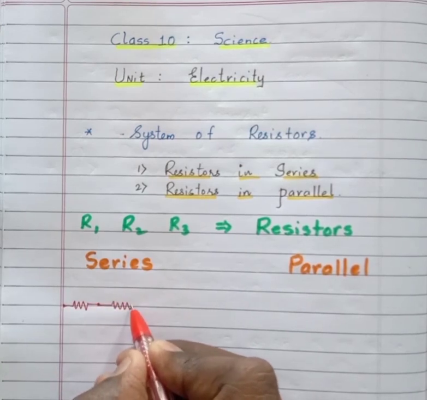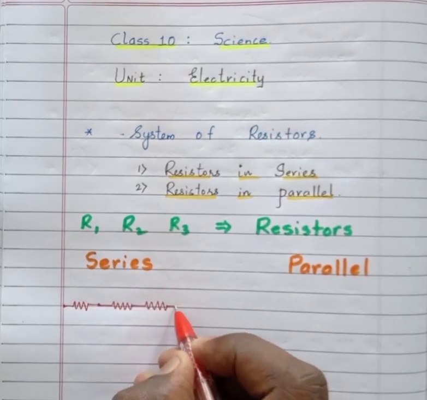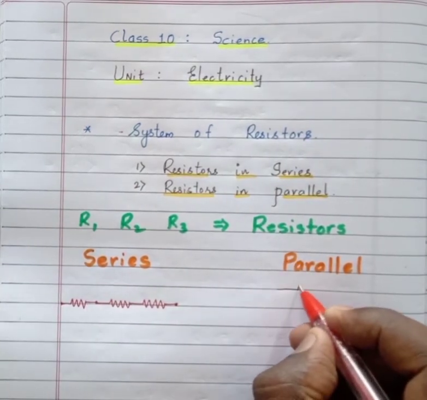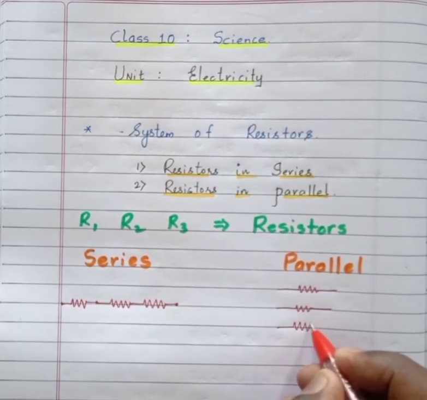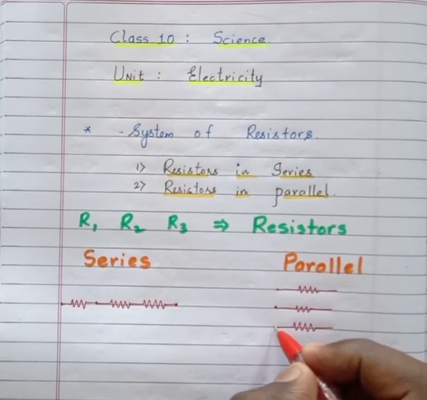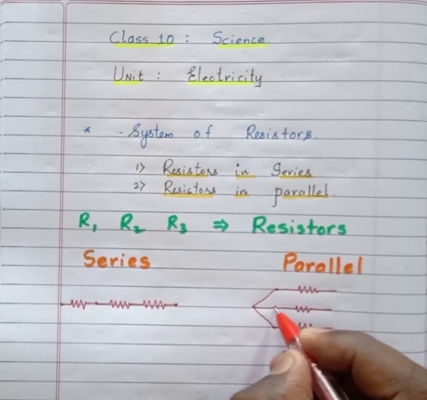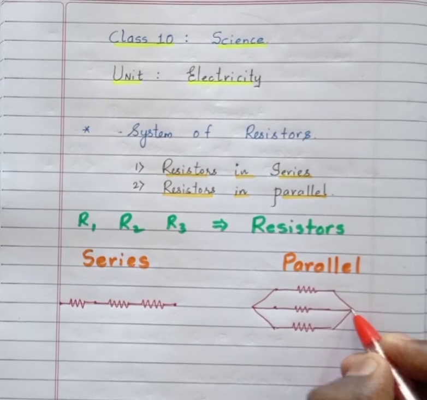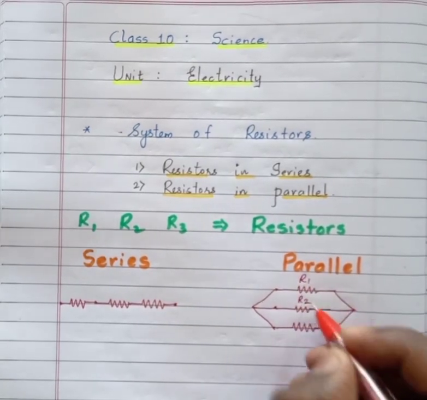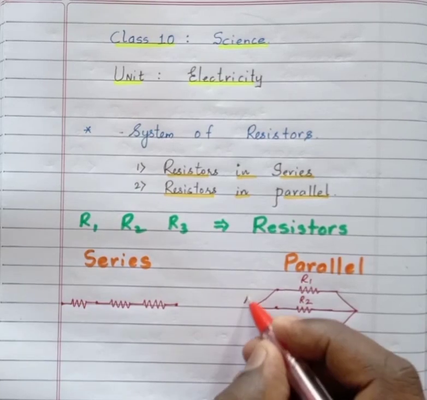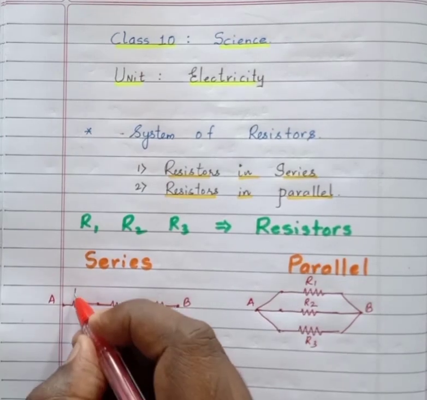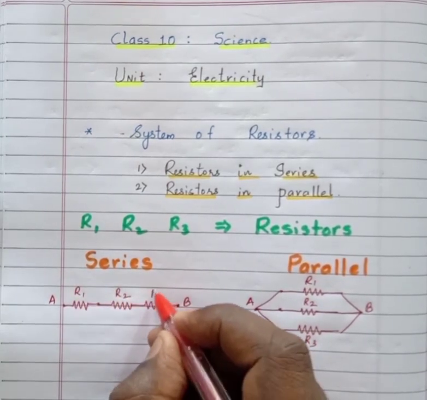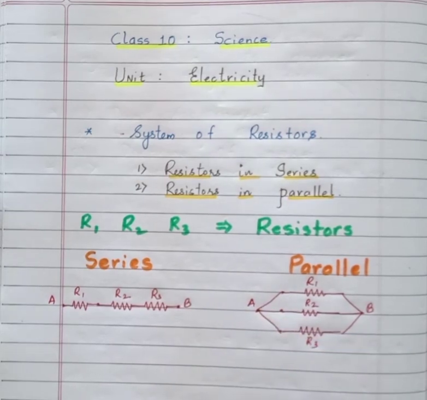You can check in the below circuit the resistors of resistance R1, R2 and R3 are connected end to end. We call that series connection, whereas in case of parallel, all the resistors are connected to same endpoints, whereas in series the one end of the resistors is connected to the other end.